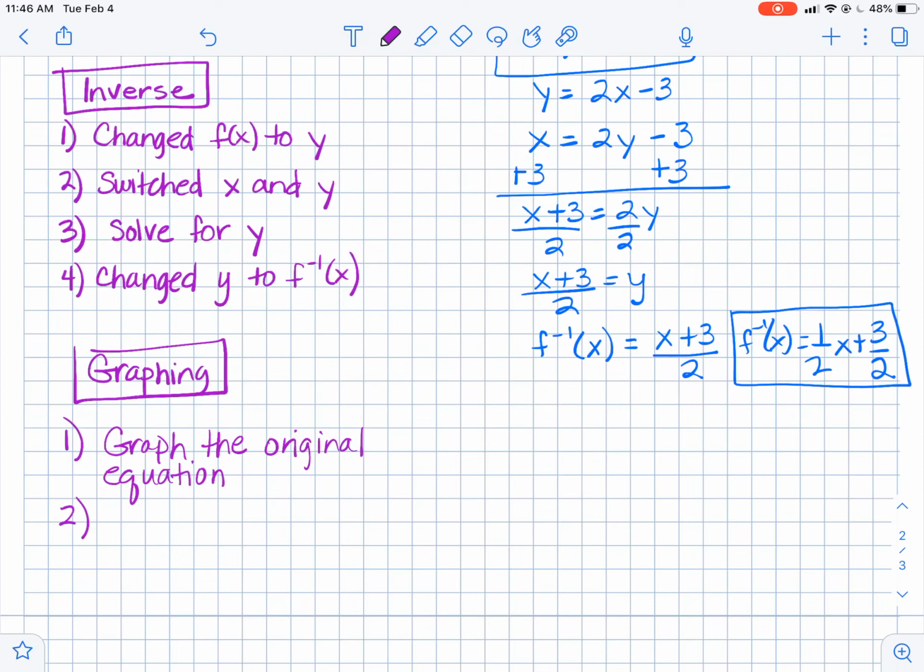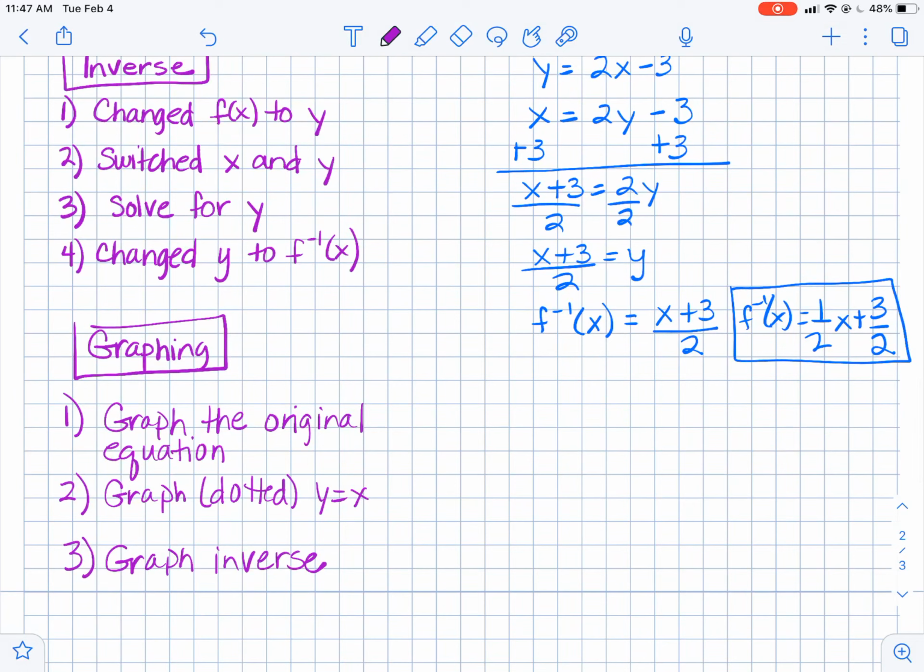Step 2, we want to graph, and it is dotted, the y equals x line, because the original and the inverse are reflections over the y equals x line. Number 3, we are going to graph the inverse. And then just look by observation to see that they are in fact reflections.